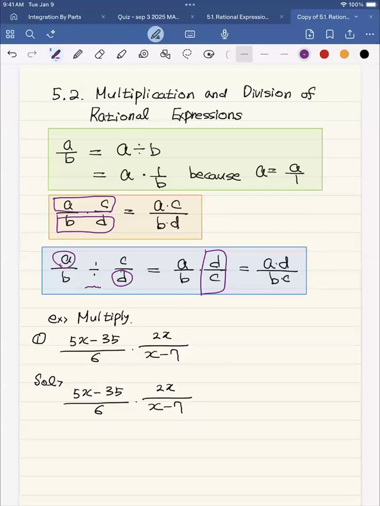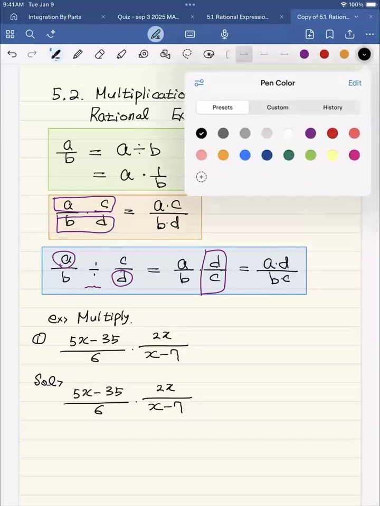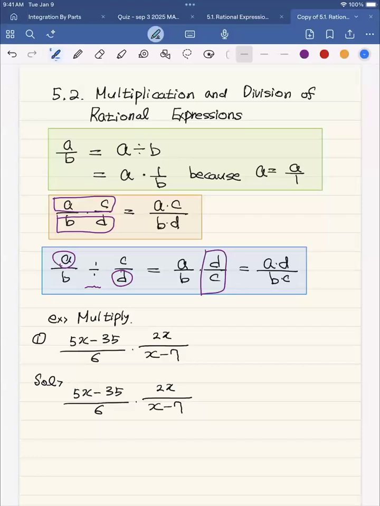5x minus 35 over 6 times 2x over x minus 7. Let's factor the numerator. This is 5 and this is 35, 5 times 7. And in the denominator, 6 can be written as 2 times 3. So this 5 is the common factor.